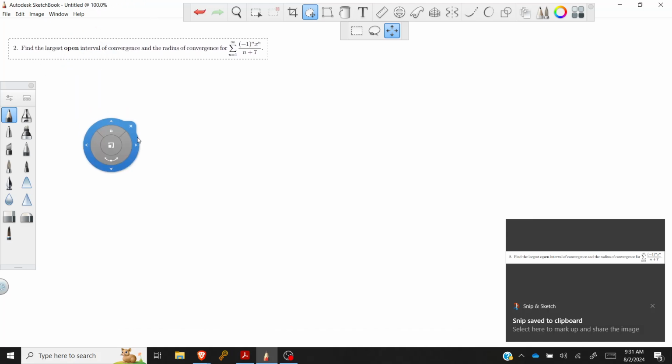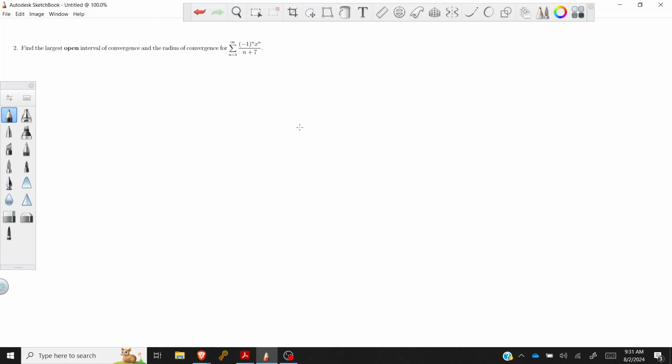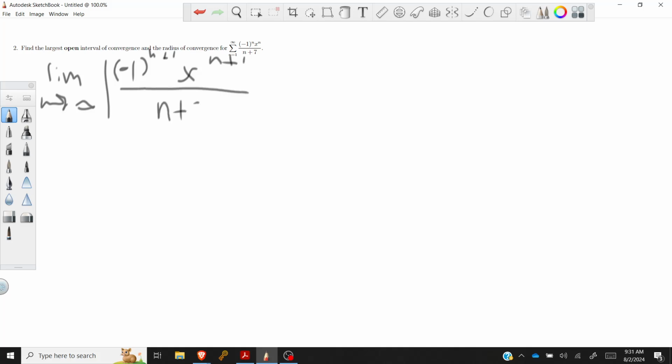Find the largest open interval of convergence and the radius of convergence for this series. Let's apply the ratio test again. -1 to the n plus 1, x to the n plus 1, n plus 7 plus 1 is n plus 8. And then I'm going to multiply by the reciprocal.